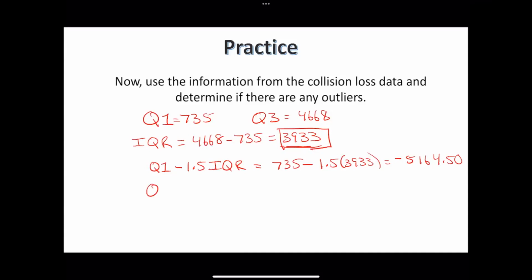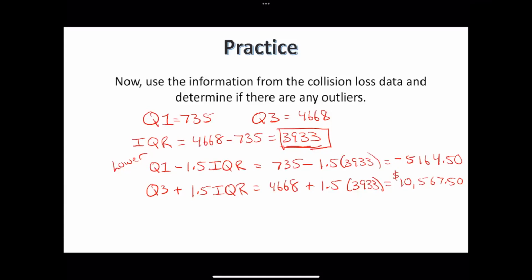Let's do our upper fence. So I'm going to do Q3 plus 1.5 IQR for my upper fence. So I'm going to take this 4668 plus 1.5 times 3933. And that value is $10,567.50.